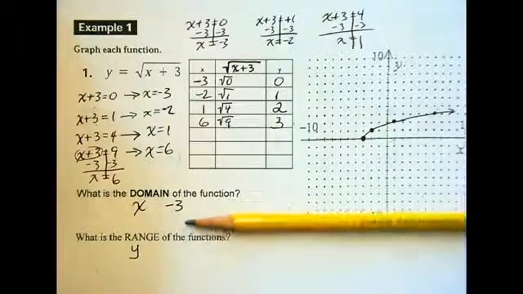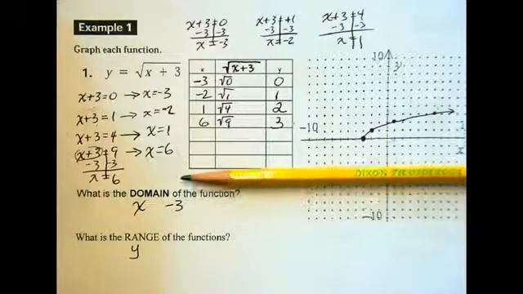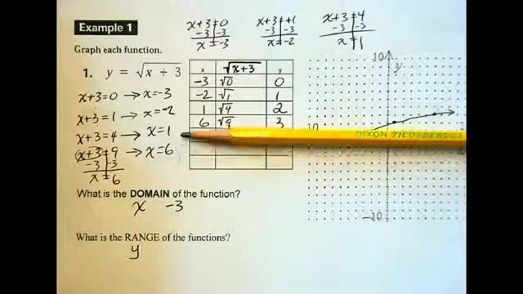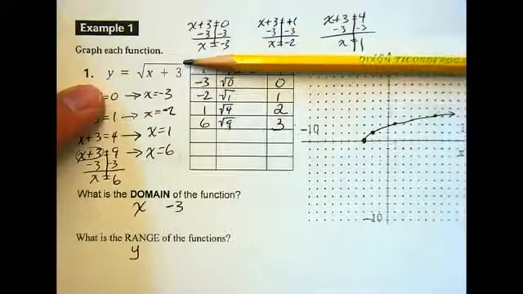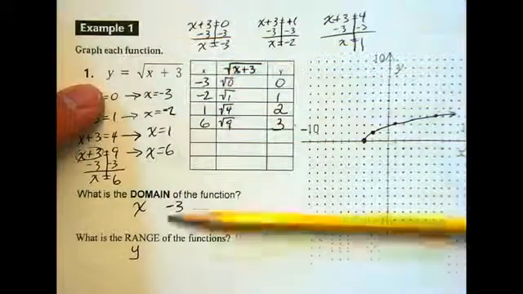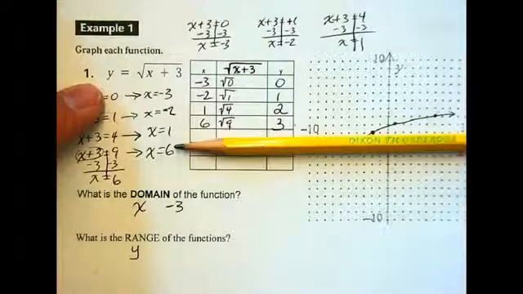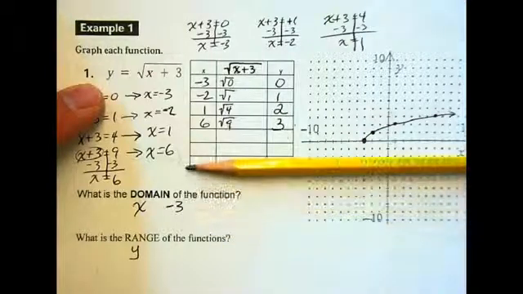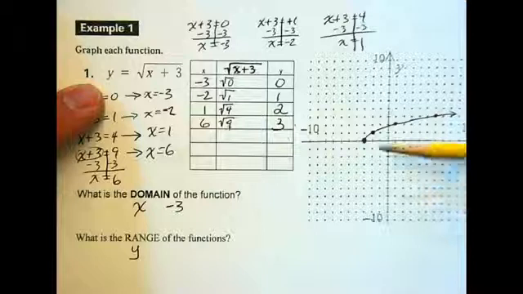This -9, -8, -5, and we are now at y equals 0. And now we're at y equals 1, 2, 3, 4, 5, 6, 7, 8, 9, 10. So this pencil is the line y equals 0, which happens to be the x-axis. So our graph on the y-axis starts at y equals 0.